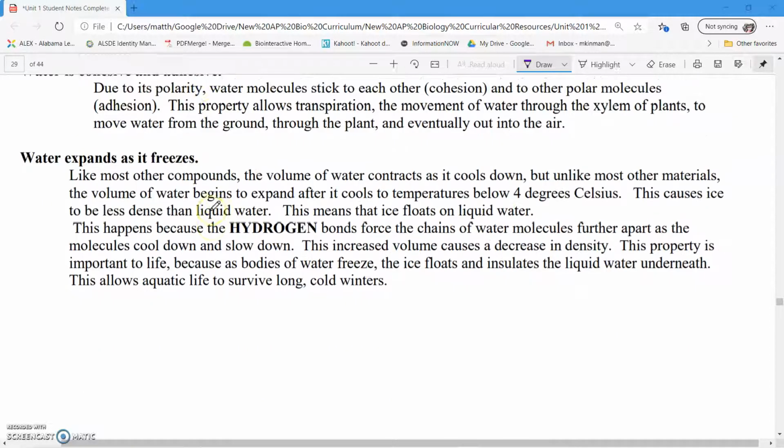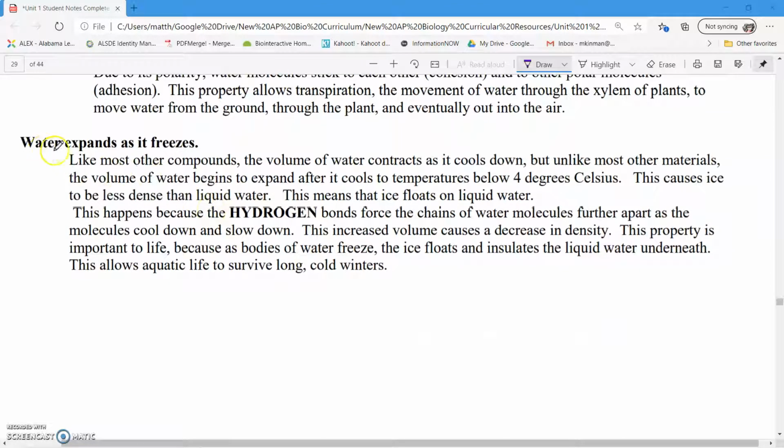And then, as you saw in the video, water expands as it freezes. Like most other compounds, the volume of water contracts as it cools down, but unlike most other materials, the volume of water begins to expand after it cools to temperatures below 4 degrees Celsius. So basically, by increasing volume, the water begins to take up more space.